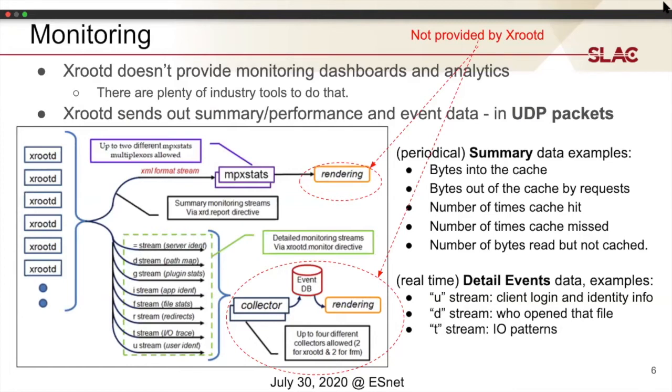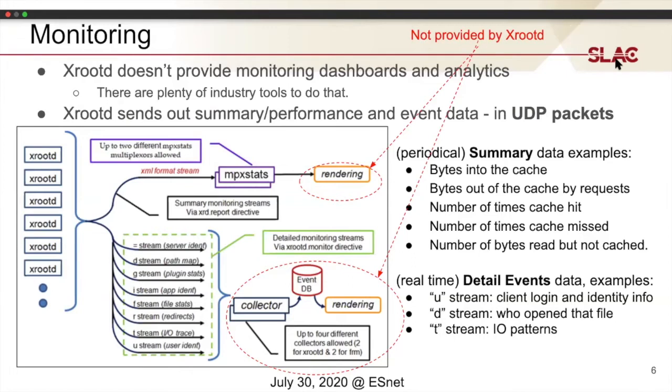Since we're talking about cache, I will just give you a few examples of what the summary data could be. For example, how many bytes go into the cache during that last period, like 5 seconds or 1 minute or 5 minutes. How many bytes out of the Xcache by request, the cache hits and cache miss, and the number of bytes.